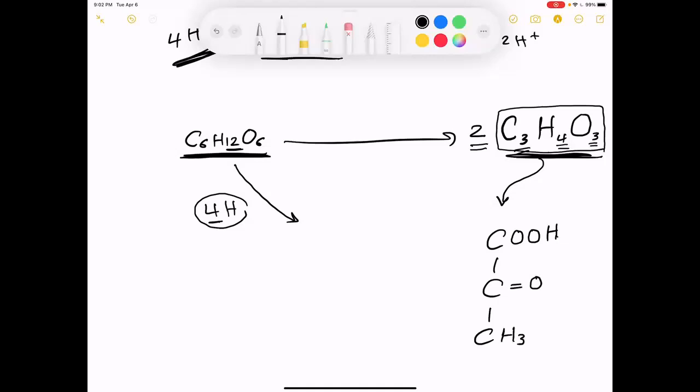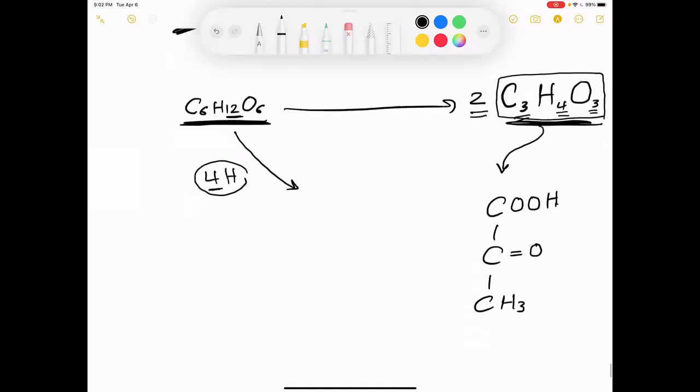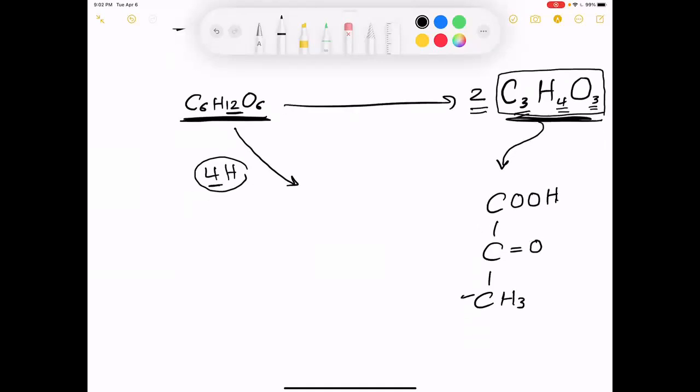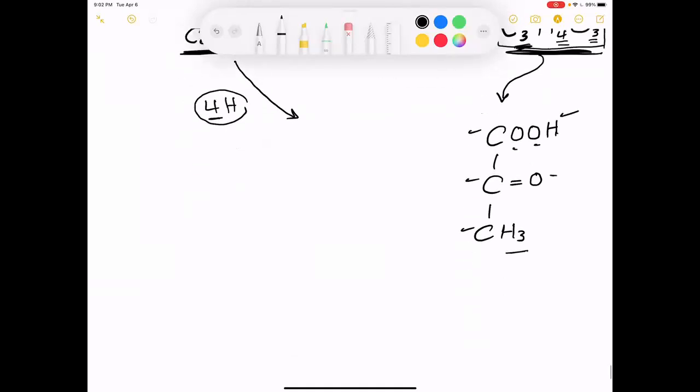COCH3. This is it. So add again 1 carbon, 2, 3. That's your C3. Hydrogens, you have 1, and you have 3 here. That's a 4. Oxygen, you have 1, 2, 3. So this right there is pyruvic acid.